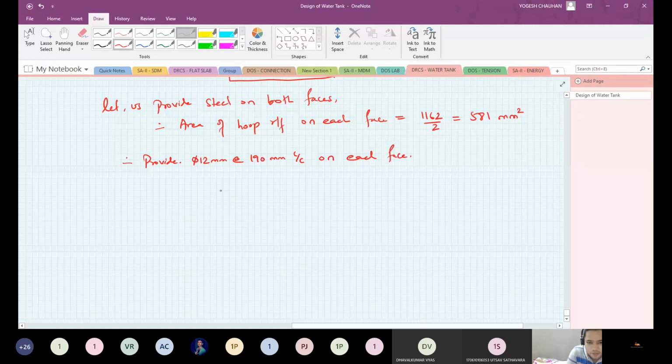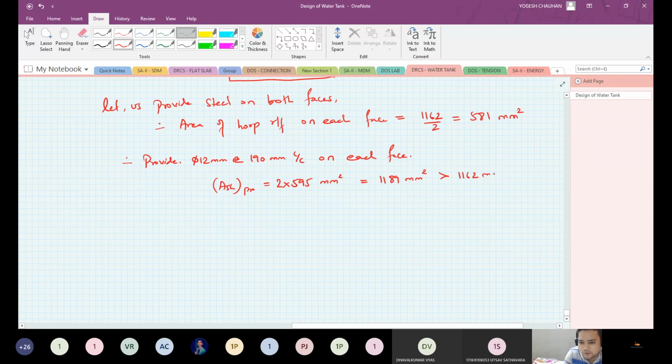Okay, so your ASH provided is equal to 2 into 595 mm square, that is equal to 1189 mm square, and this is greater than ASH required, equal to 1162 mm square.